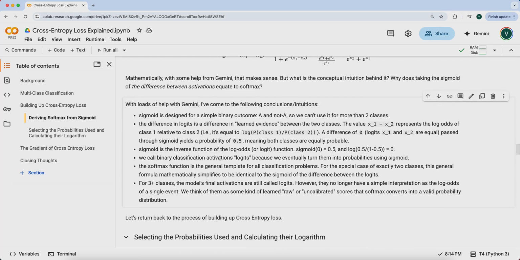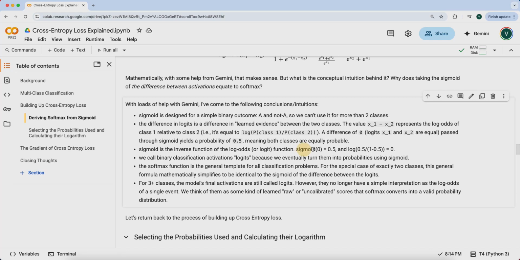Okay, let's keep moving on. Sigmoid is the inverse function of the log odds or logit function. So sigmoid of 0 is 0.5, and the log of 0.5 over 1 minus 0.5, which is just 0.5, so that's log of 1, equals 0.